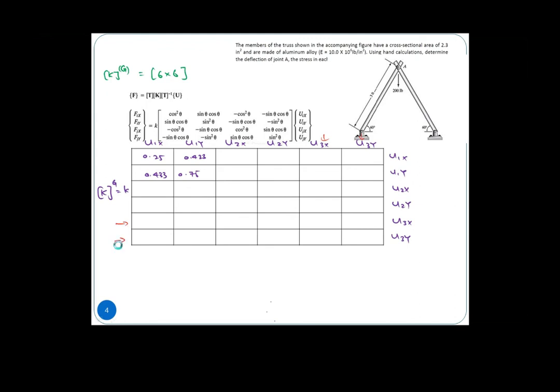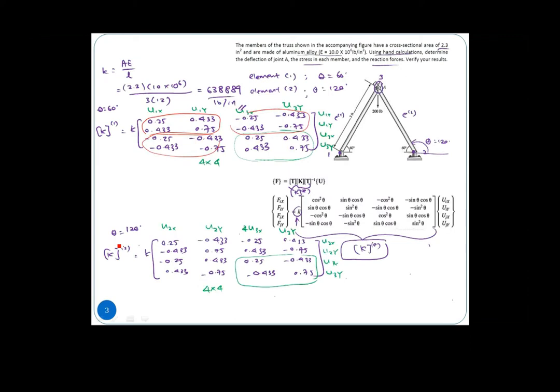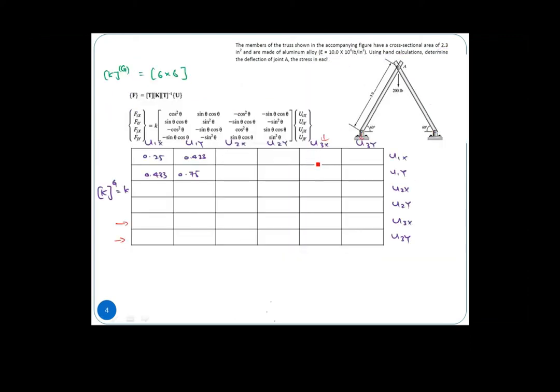From these 2 by 2 matrices, we place here negative 0.25, negative 0.433, negative 0.433, negative 0.75, and here negative 0.25, negative 0.433, negative 0.433, negative 0.75.